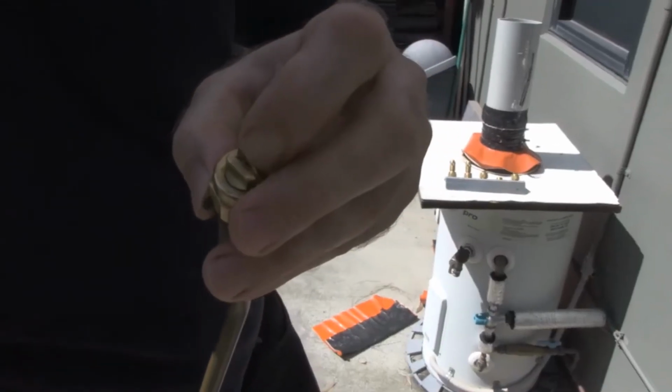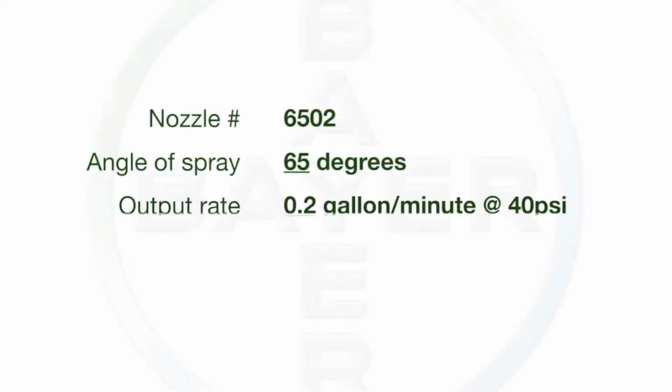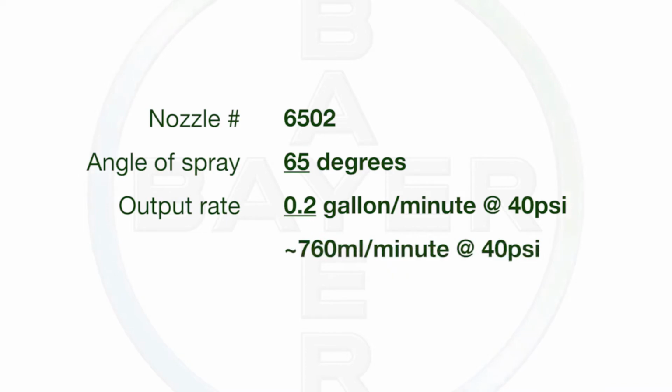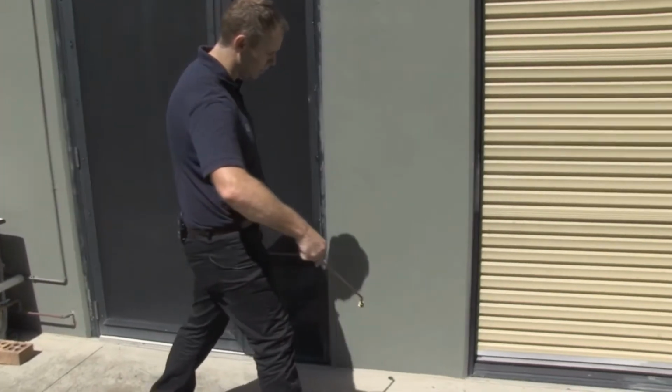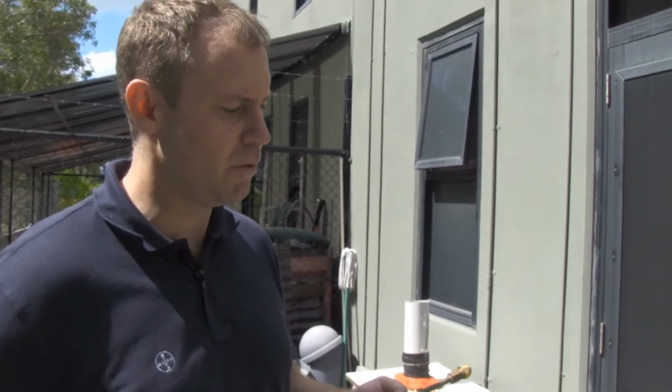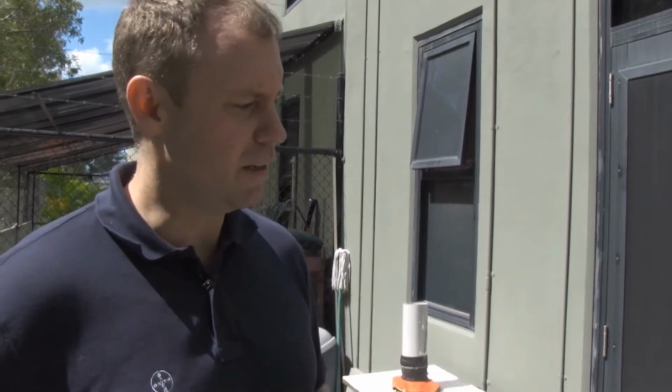The second two digits, 02, refer to the output rate, 0.2 gallons per minute at 40 psi. 0.2 gallons being approximately 760 millilitres per minute in the metric scale. What we'd like to achieve outside is a thorough application to the point of runoff. Point of runoff meaning just prior to the liquid dripping or running down the surface.